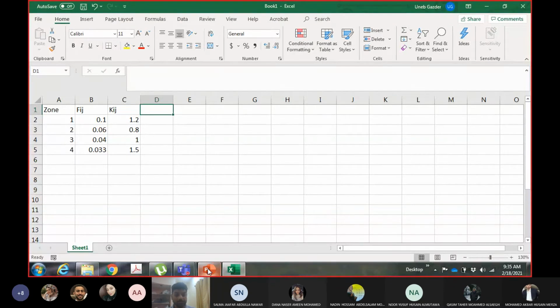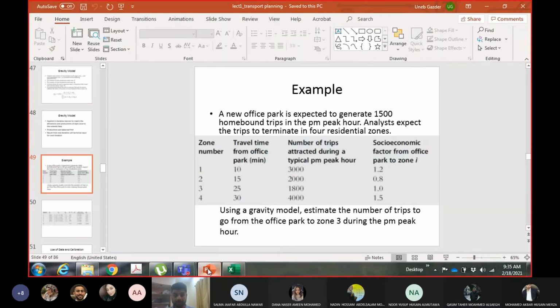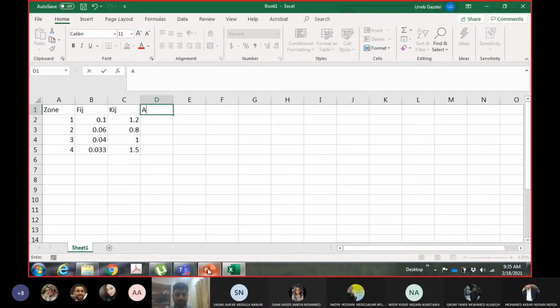Now trips attracted are already given. So the AJ value is given for each zone: 2000, 1800, and 4000.